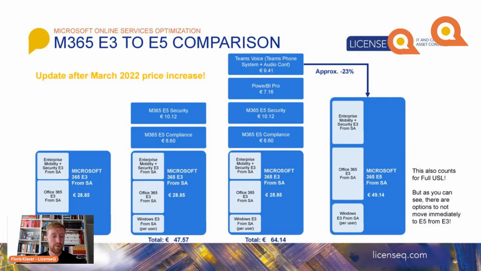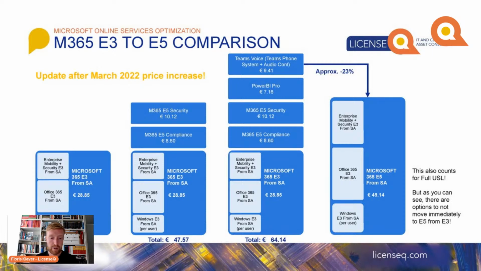So if you're an E3 customer and you require some additional functionality in the sense of E5 compliance and E5 security, you don't need to move to Microsoft 365 E5. It's cheaper to just buy the separate suites. Not a lot cheaper, as you can see. It's 47.57 for that configuration that you see here in the second column, and 49.14 on the right hand side.